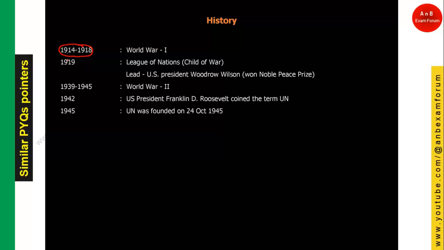Basically, any war happens when there is a dispute between countries regarding their space, regarding their views on certain things. So World War I happened in 1914 to 1918.